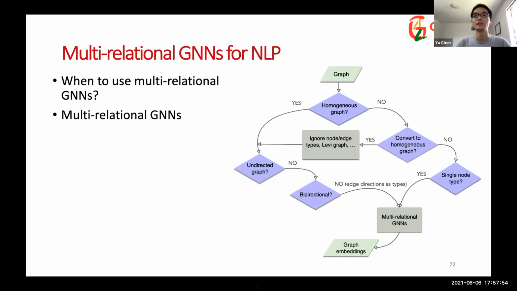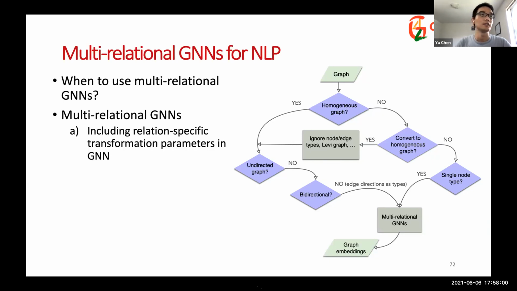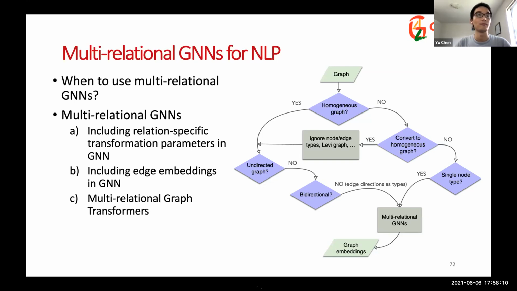For multi-relational GNNs, we can have various types of architectures, and we summarize the three common variants, which either include relation-specific transformation parameters in the GNN, or include edge embeddings in the GNN, or leverage the idea of multi-relational graph transformers. We will introduce each of them in the next few slides. So let's first talk about the first strategy.